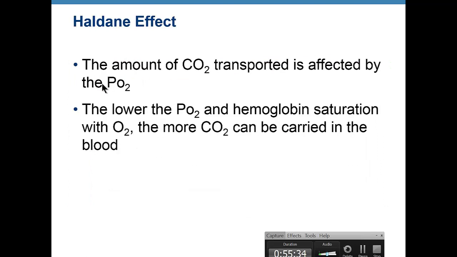Okay, there's something called the Haldane Effect, that the amount of carbon dioxide being transported by the blood is affected by the PO2, because aren't they closely related? So if I have a low PO2 and a low oxygen saturation, I can bind more carbon dioxide to hemoglobin, because obviously if I have low oxygen, it's probably because something's going on in the body, right?